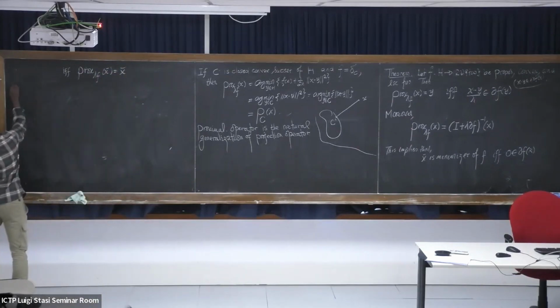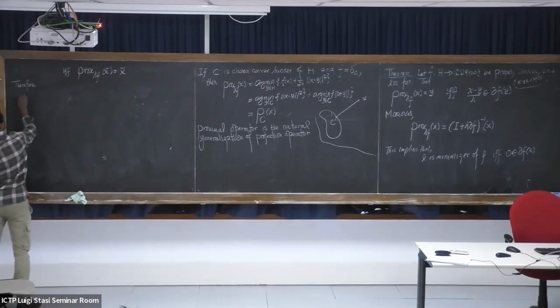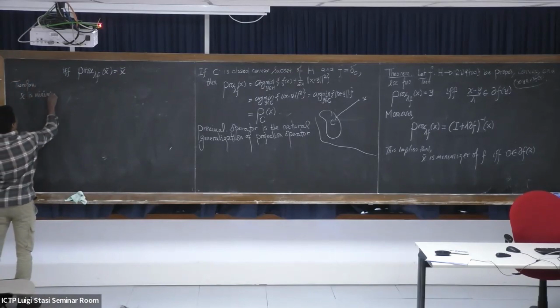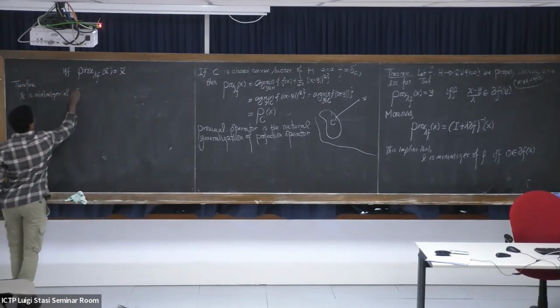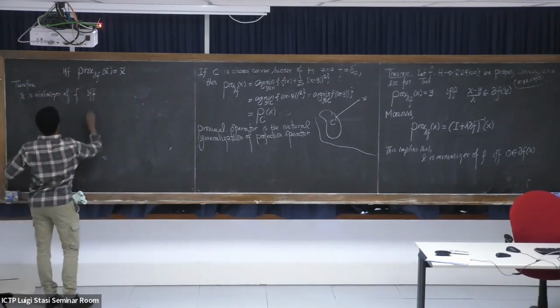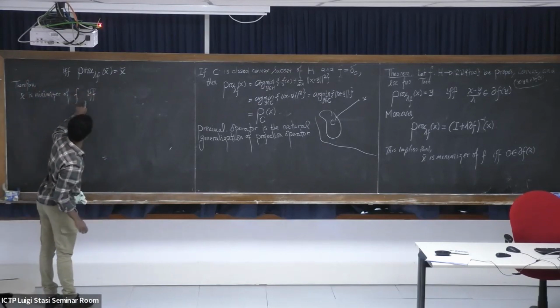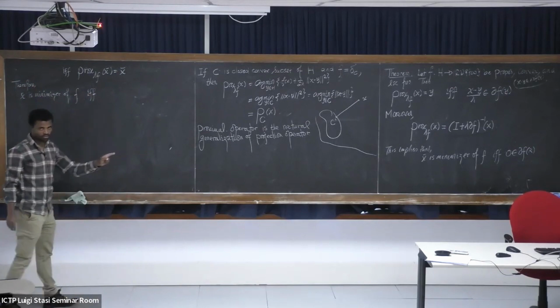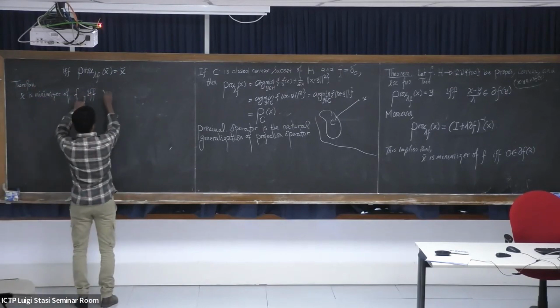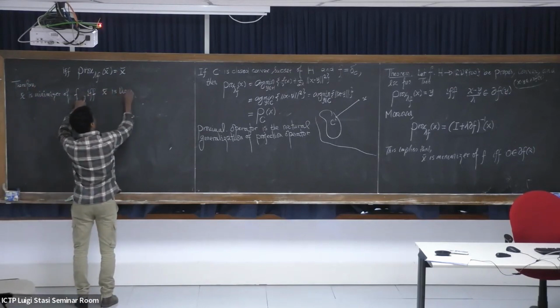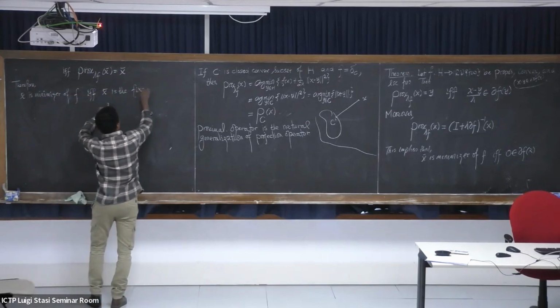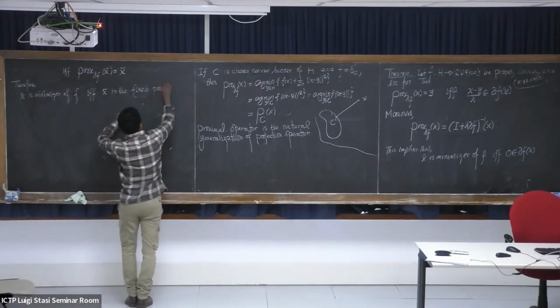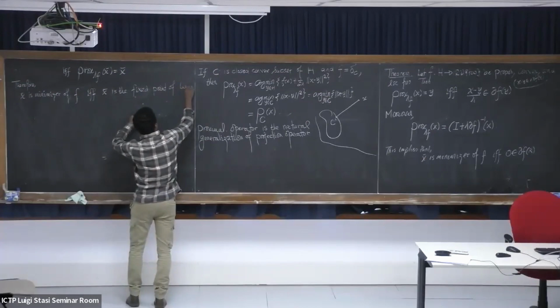So this implies that x bar is a minimizer of f if and only if it is a fixed point of the proximal operator.